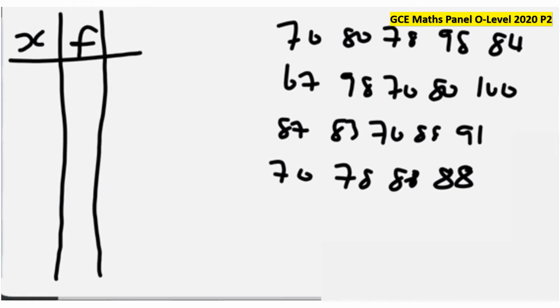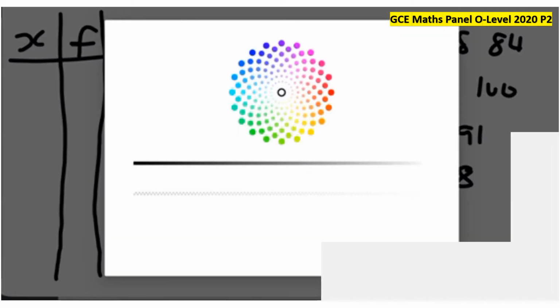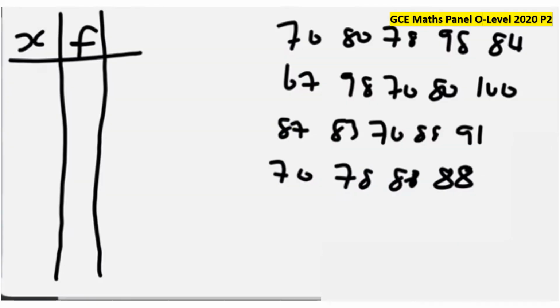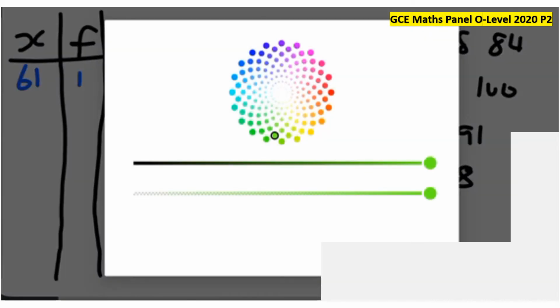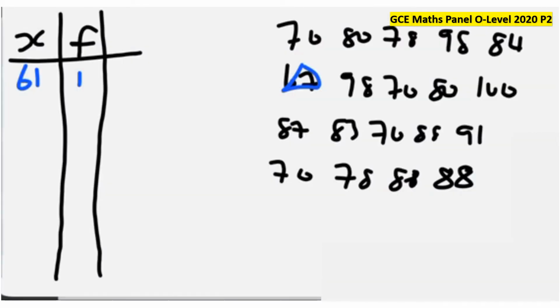The smallest score is 67, and it appears just once. The next score is 70. 70 occurs how many times?